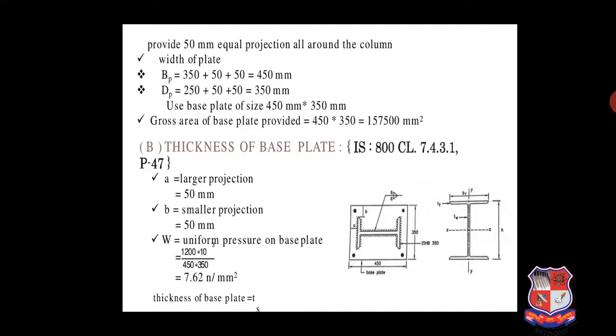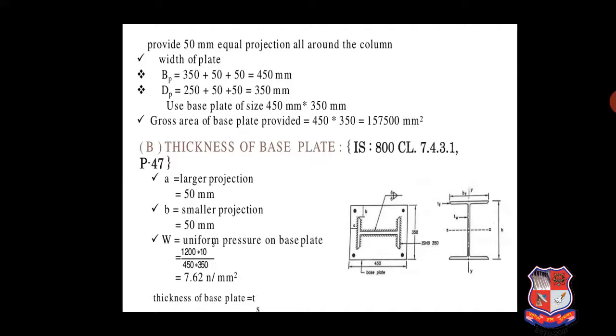According to the column size we calculate the base plate by adding the equal projection on both sides. So our gross area of the base plate provided is 450 by 350, and the overall area of this base plate is 157500 mm square.